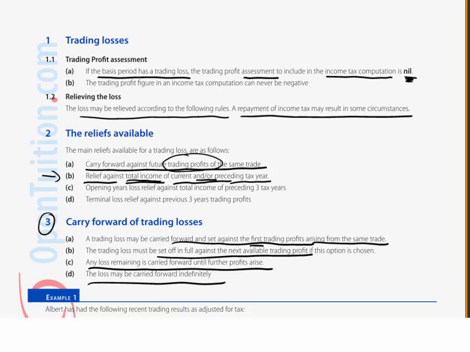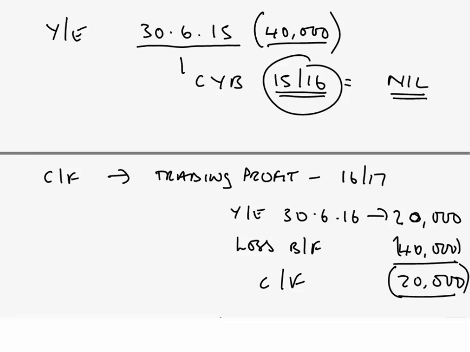So how would we deal with this one? Let's go back to that example that we have running, where we saw that for the year ended the 30th of June 15, we had a loss, adjusted for taxation purposes, of £40,000. That gave rise to an assessment in 15/16 of nil.